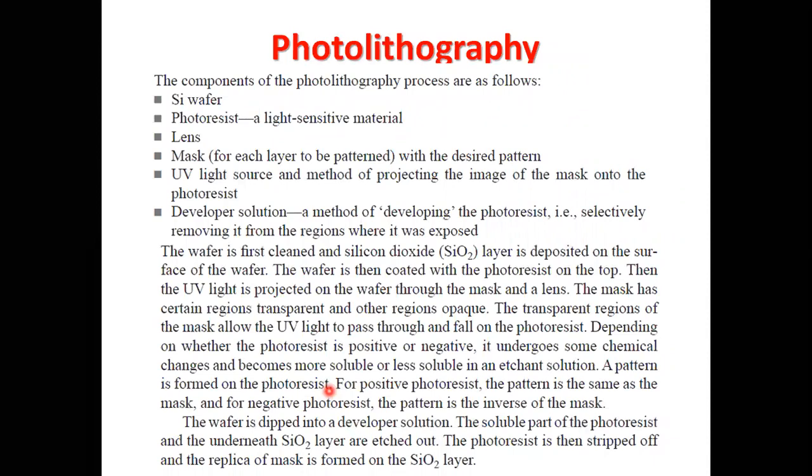Now the components of the photolithography process are the silicon wafer and the photoresist. Photoresist is nothing but a light sensitive material. Next is the lens. Fourth one is the mask.